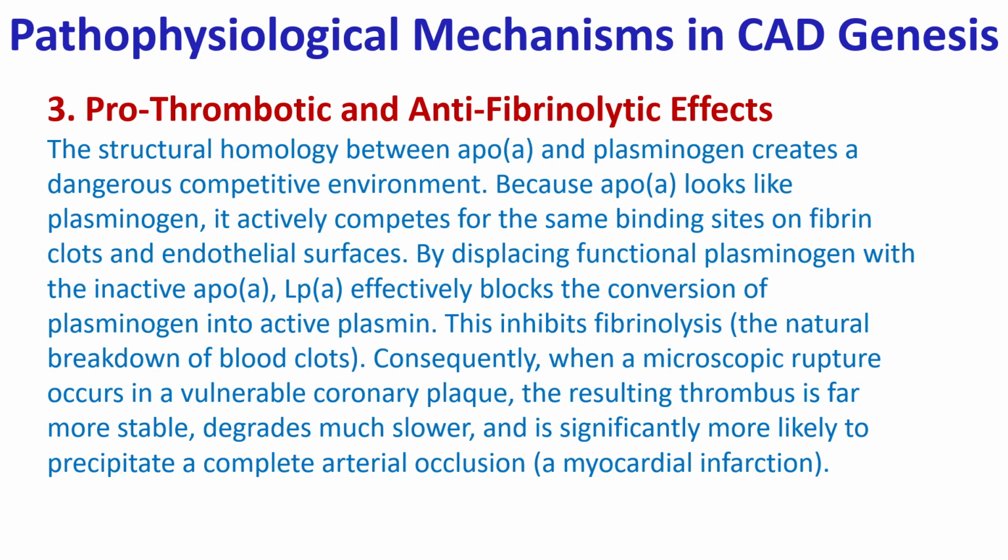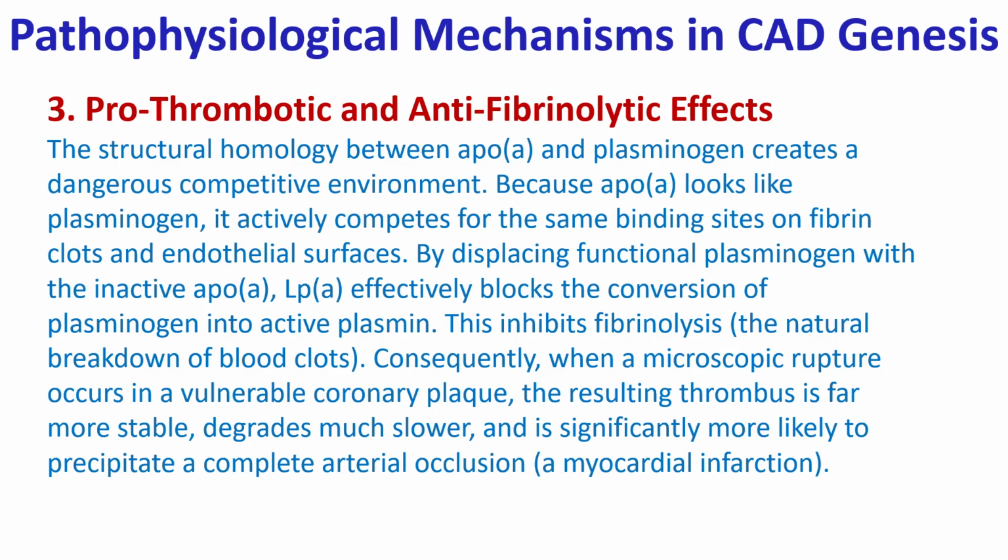The structural homology between ApoA and plasminogen creates a dangerous competitive environment. Because ApoA looks like plasminogen, it actively competes for the same binding sites on fibrin clots and endothelial surfaces. By displacing functional plasminogen with the inactive ApoA, LPA effectively blocks the conversion of plasminogen into active plasmin.